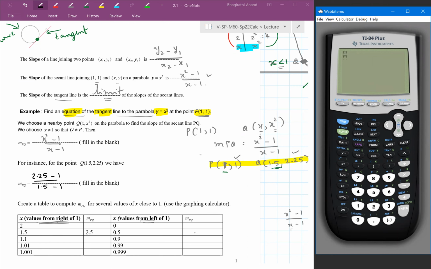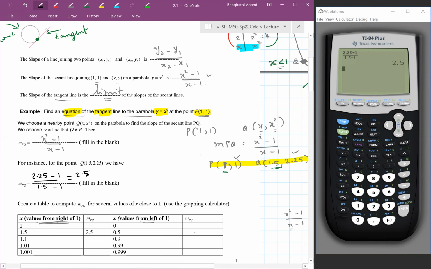There I plug in 2.25 minus 1 divided by, below, 1.5 minus 1. Of course, this can be done without the calculator, but we will be doing that for many values, so we will use a calculator. This value turns out to be 2.5.